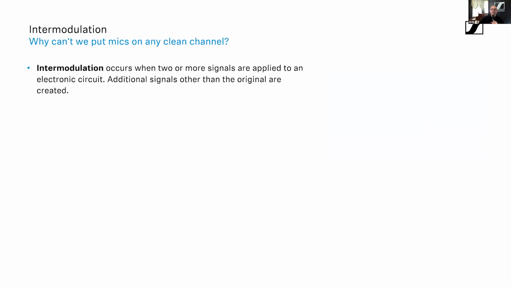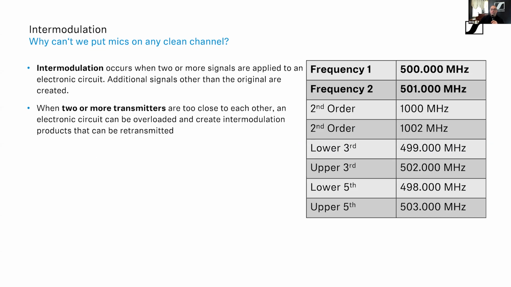So let's talk about what intermodulation is. When two signals are applied to an electronic circuit, they can overload that circuit and create new frequencies. This wireless microphone that I have here in my hand has energy coming out of the antenna, going in all directions.